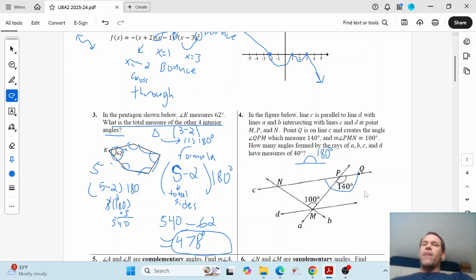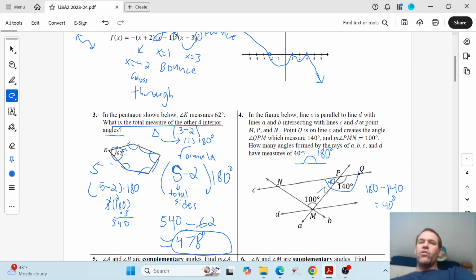For example, if this whole thing is 180 degrees, then if you minus the 140, that's going to give us the smaller angle, which is 40 degrees. So this little angle here is 40 degrees. And if this is 100 and this is 40, that would be 140 total.